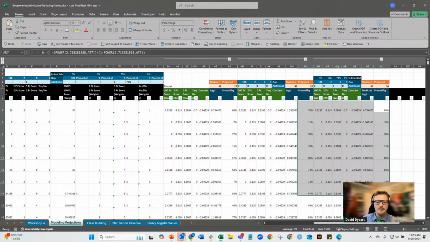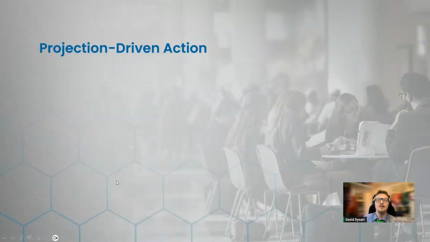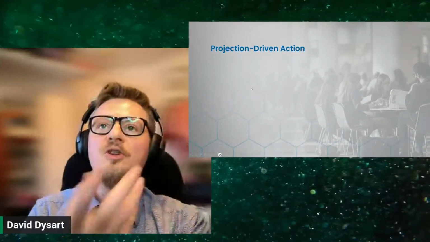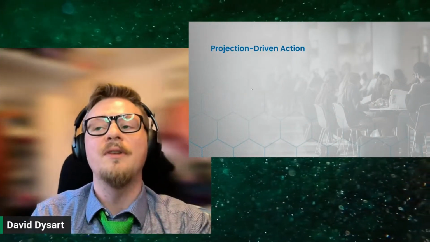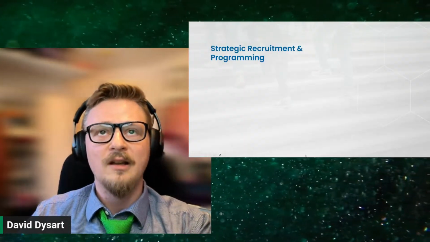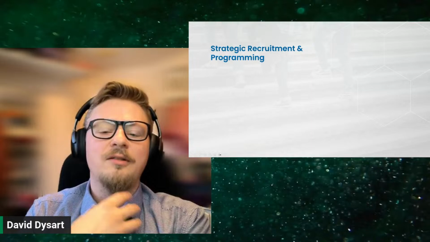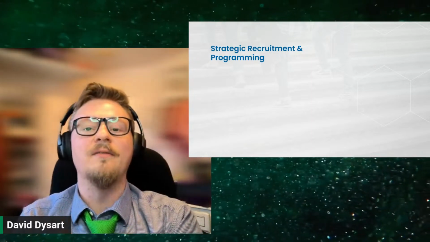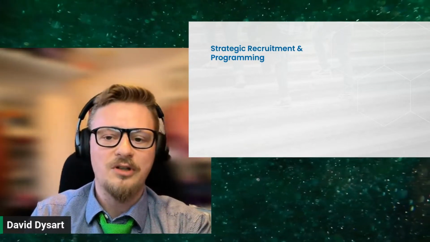So I think we can go ahead and pop back to our PowerPoint. So much can really be driven through these projections on how you are engaging and interacting with your students. We covered a lot of different reports in Voyager in our engagement scoring workshop, so I won't spend a ton of time there.